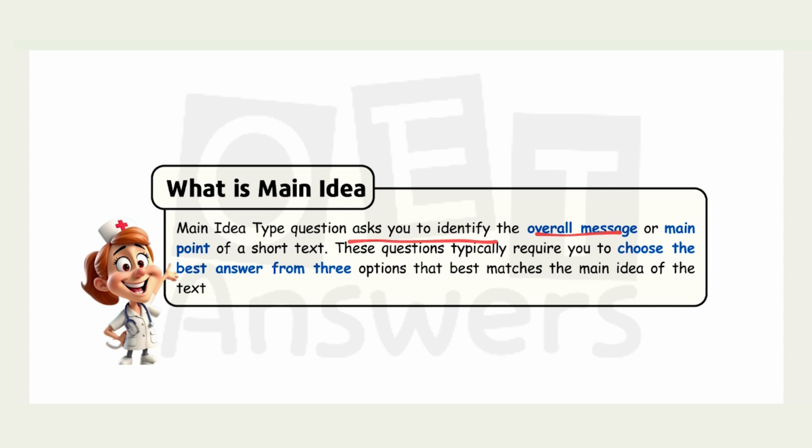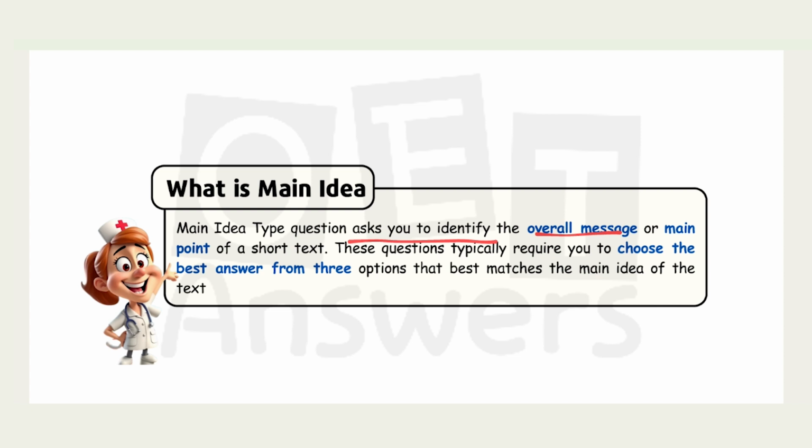Even if you see a single piece of information directly in the text, for example option B stated after 2 or 3 lines, you cannot take that as the right answer, because main idea means you have to get the understanding.